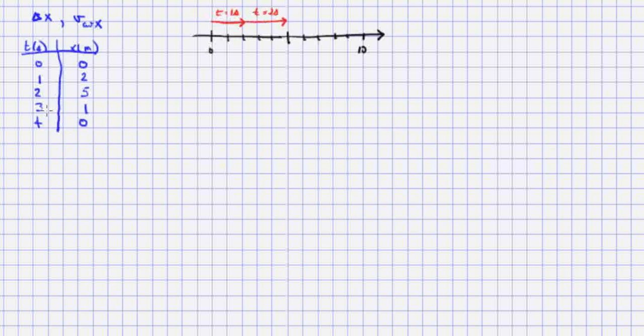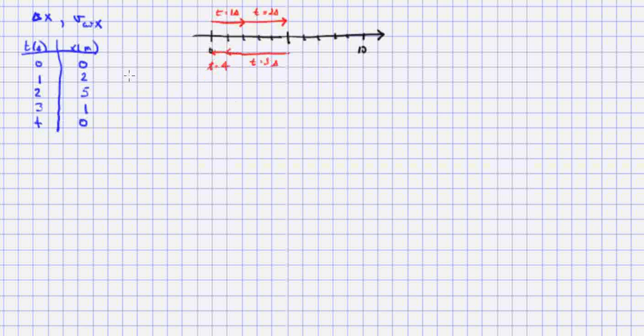And then during second 3, I move from 5 to 1. So I'll displace it downwards here. That's t equals 3 seconds. And then finally, in second 4, I move from 1 to 0. Like this. T is equal to 4 seconds.